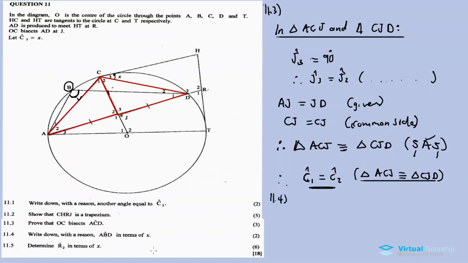In 11.4 we want the angle ABD in terms of x. Now look, I think I should draw it. This is a bow tie.